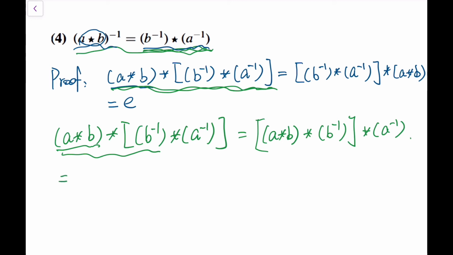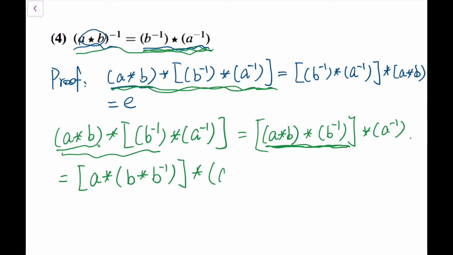Okay, let's look at this. And here, inside this bracket, we can see this part is also the operation between three elements, and we can use the associative law again. And here, this part becomes A star B inverse, then do the A inverse.